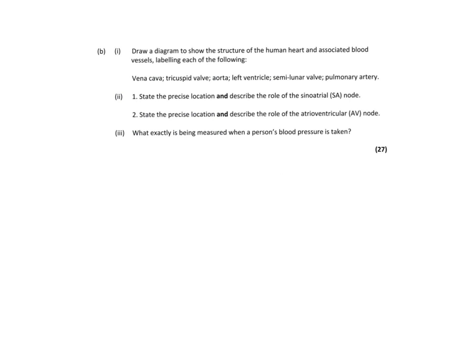So we're going to have a look at one final exam question here. It says, draw a diagram to show the structure of the human heart and associated blood vessels, labelling each of the following: the vena cava, tricuspid valve, aorta, left ventricle, semilunar valve, and pulmonary artery. So it doesn't have to be an absolute work of art, but we're going to keep it as neat as possible just so we can get all of the structures in.